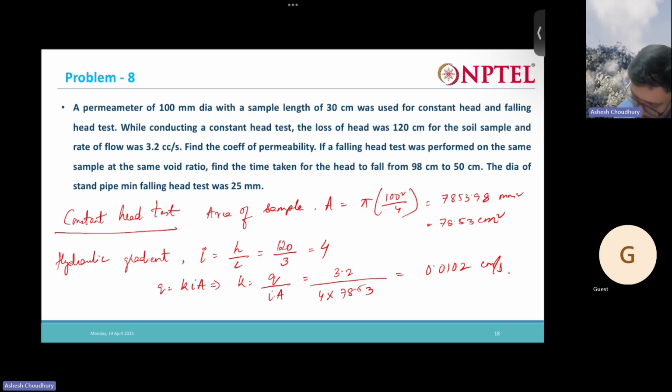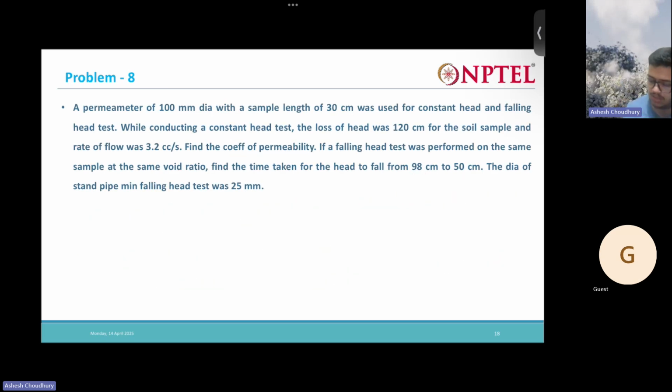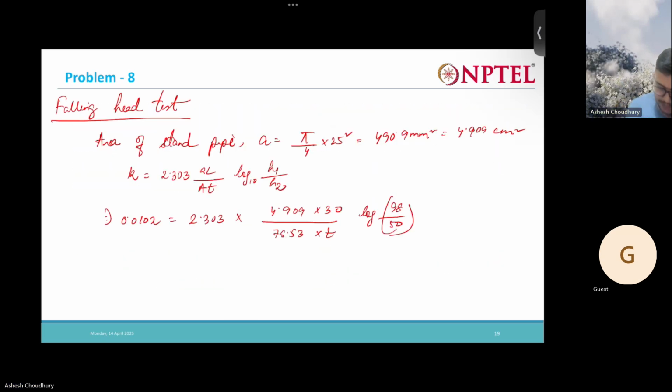It's given from 98 to 50, how much time it takes. So 98 by 50. From here we can get the time as 3.5 seconds. Right?